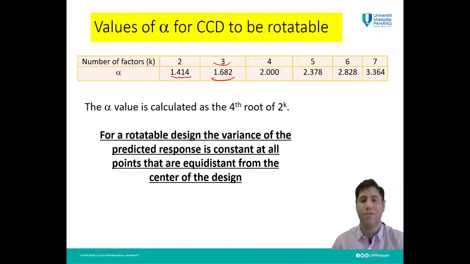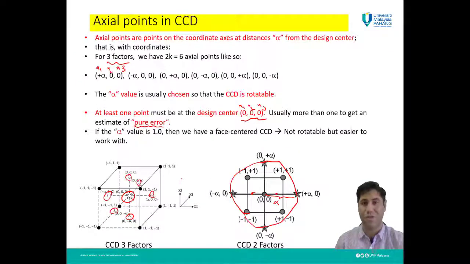And for a rotatable design, the variance of the predicted response is constant at all points that are equidistant from the center of the design. So if our design is rotatable, the model will not change due to changes in the runs which we have for the experiment.